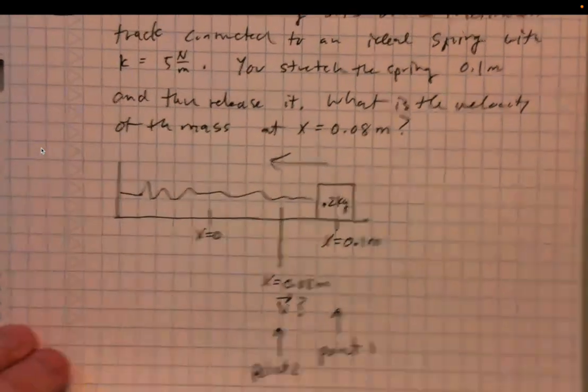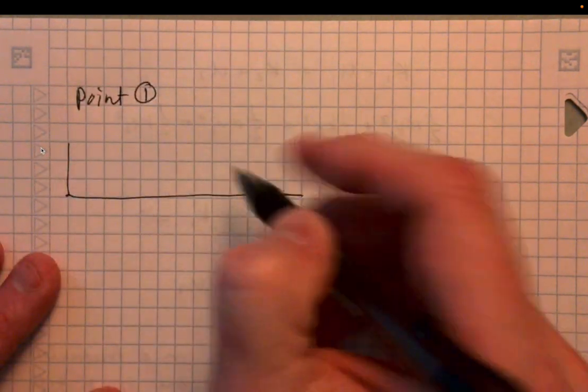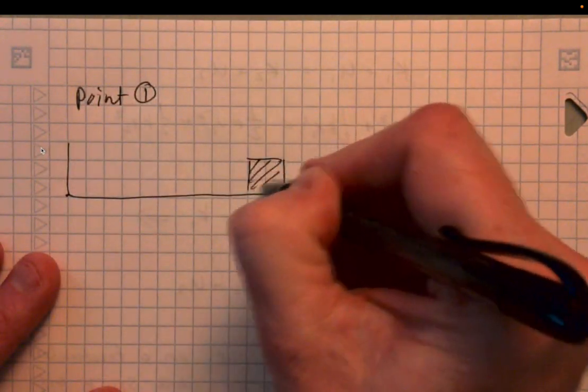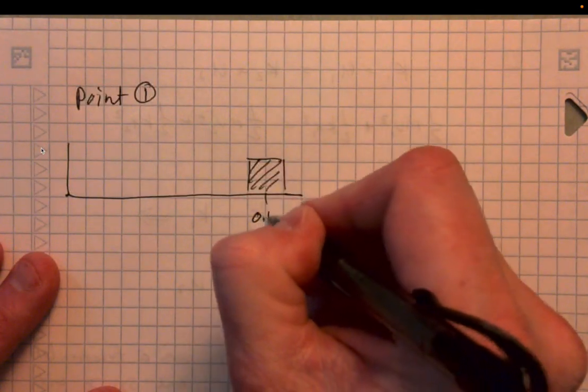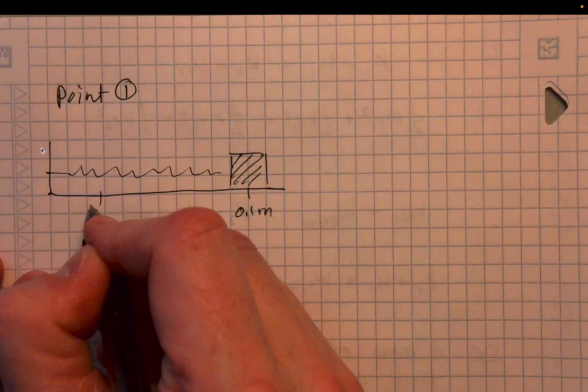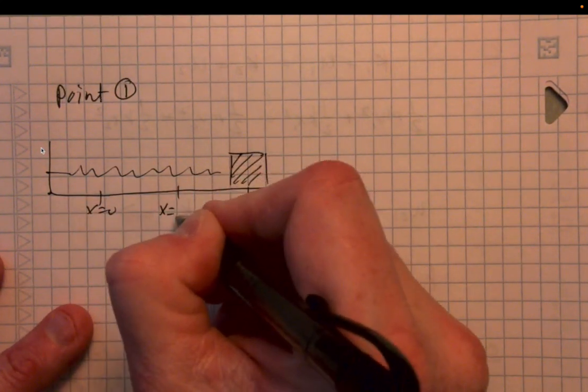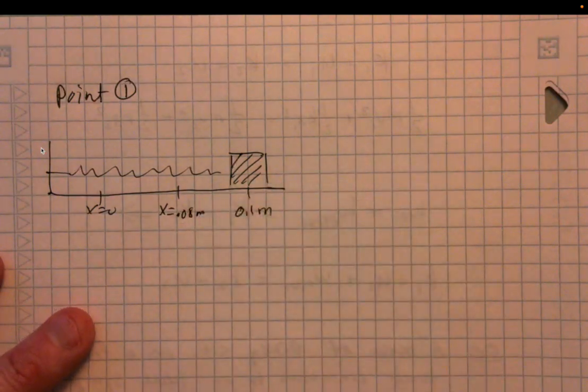Okay, and assuming people are seeing this for the first time, I really want to emphasize what's happening in both cases. At point 1, that's the scenario where you've got the block stretched out at 0.1 meters, like this. x equals 0 is way over here, and x equals 0.08 meters is there.